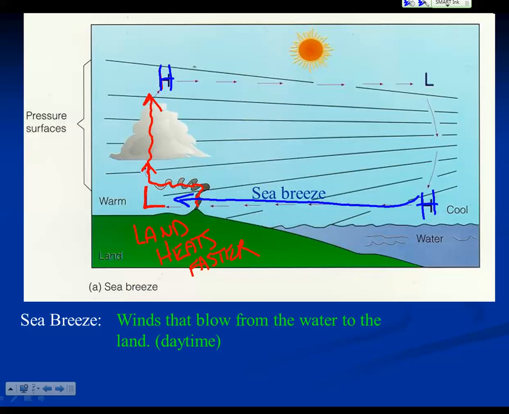And this sets up a current where it's kind of drawing everything into itself. We have air moving this way, upper level wind, and then sinking over the water, and this convection cell setup causes what we name as a sea breeze.